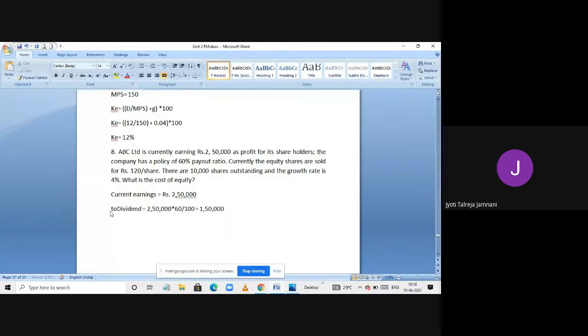These are total earnings for all the shareholders. It's not earning per share or dividend per share. These are total.